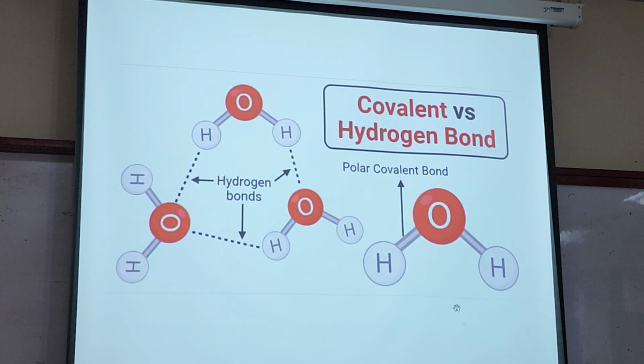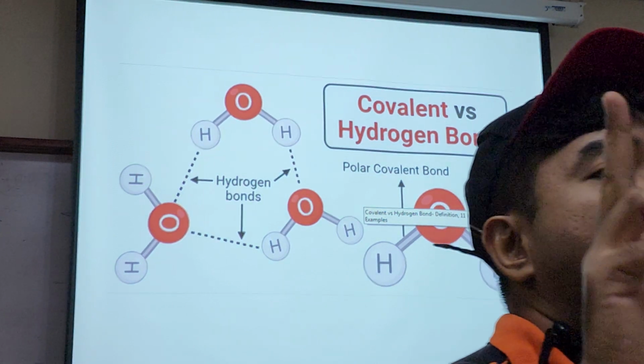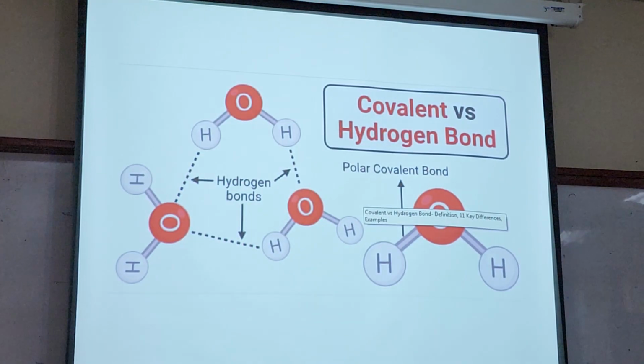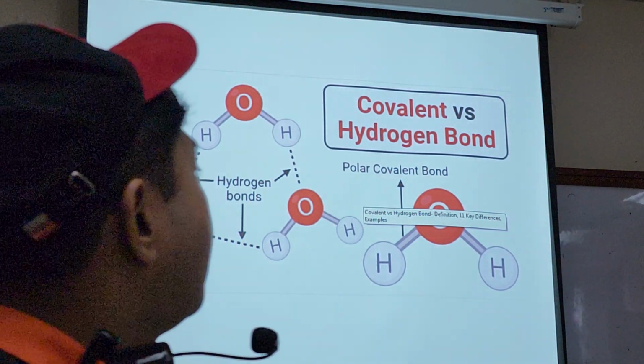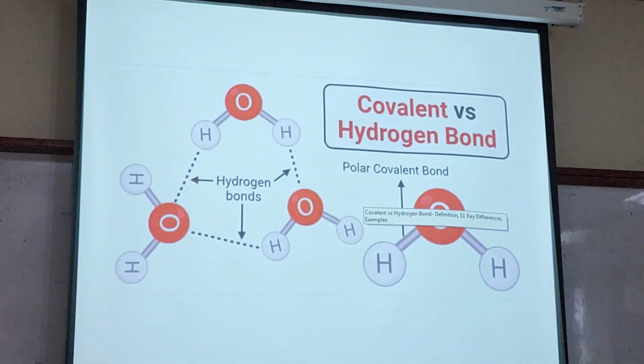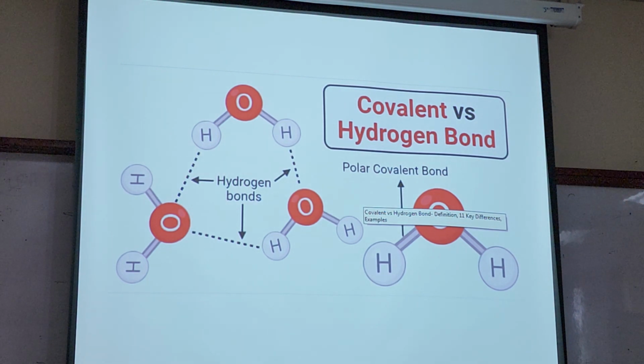That's the one that ties between the non-alike elements, in this example the oxygen and hydrogen. Without giving any table to refer to, if I were to ask you which needs more energy to break, covalent or hydrogen? Covalent. Why? Because the molecular forces are stronger.